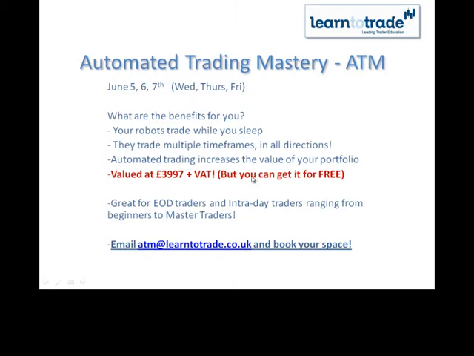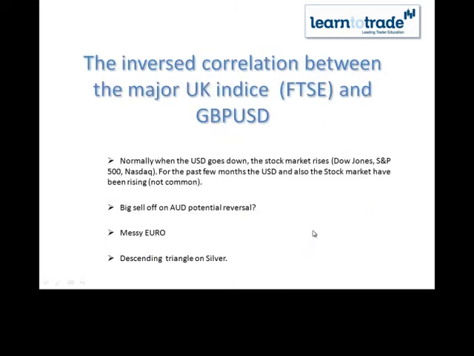Okay. Right. Now, what I'm going to cover today is a few bullet points. The title of this week's midweek market focus is the inverse correlation between the major UK indices, the FTSE 100, and cable, pound versus US dollar.